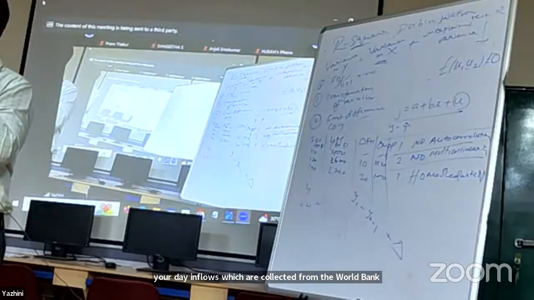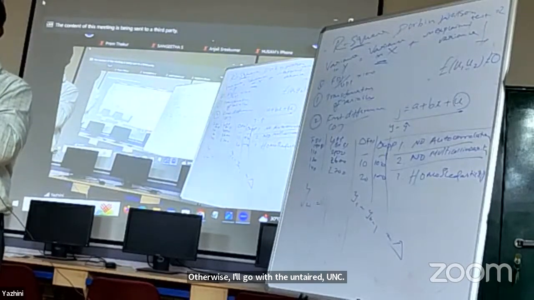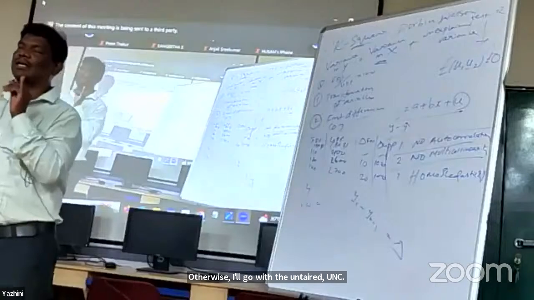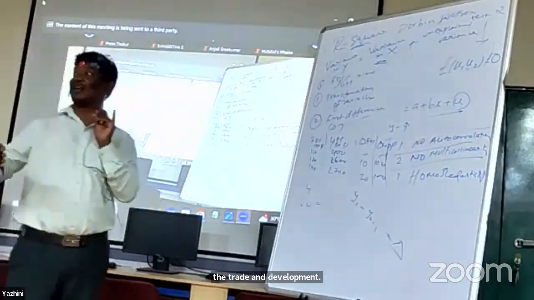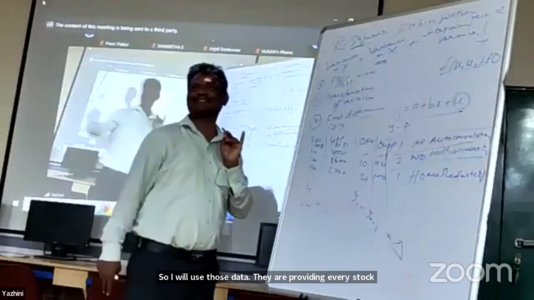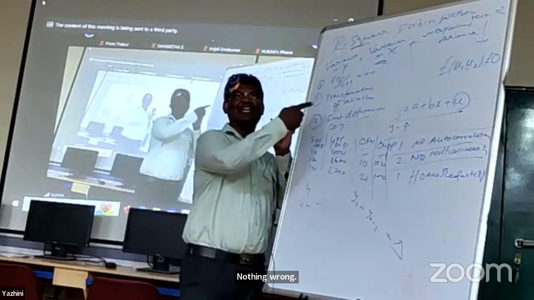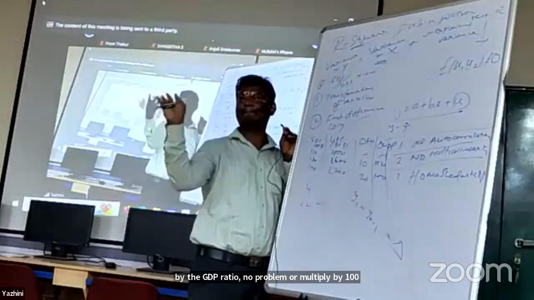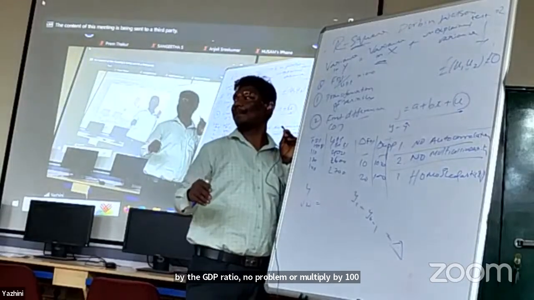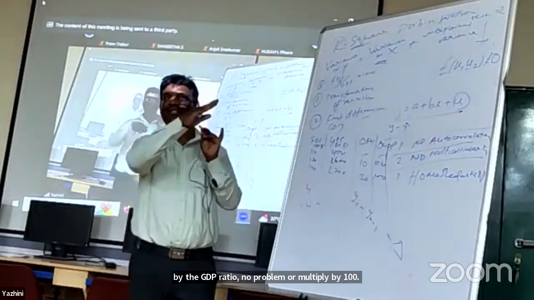Otherwise, I'll go with UNCTAD, the United Nations Conference on Trade and Development. They provide FDI stock. Otherwise, I'll use the FDI divided by GDP ratio, or multiply by 100. Transform it, because I am in that area, I know that.